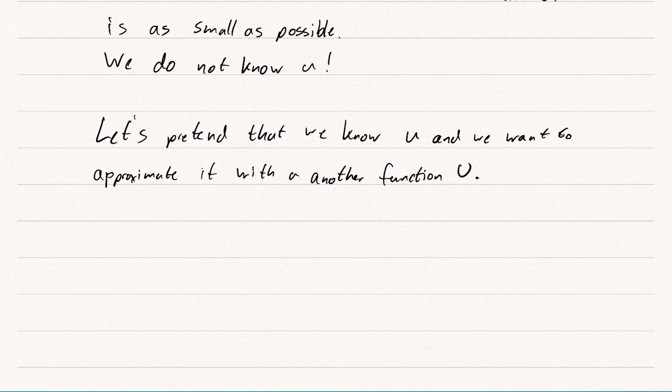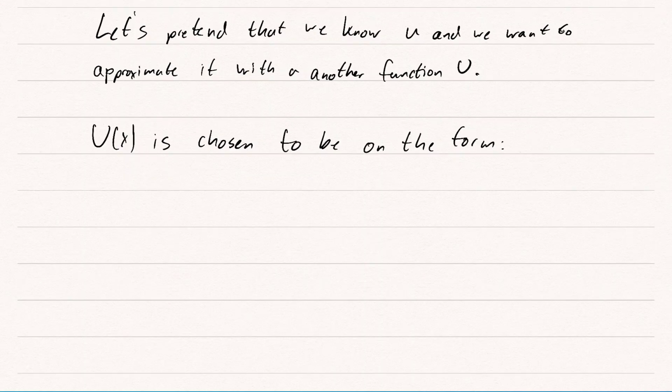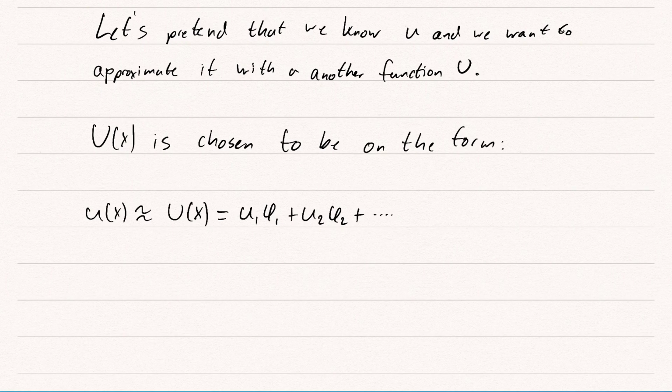Okay, so now we look at the form which capital U should take. So u of x is approximated by capital U of x, which is u1 times this basis function phi1 plus u2 phi2 plus and so on until un phi n.